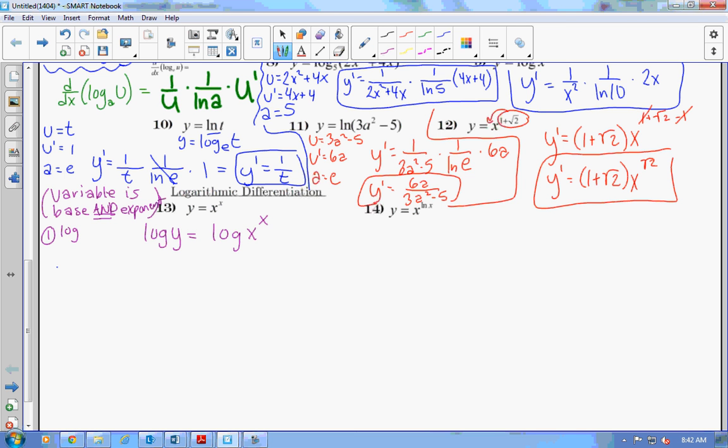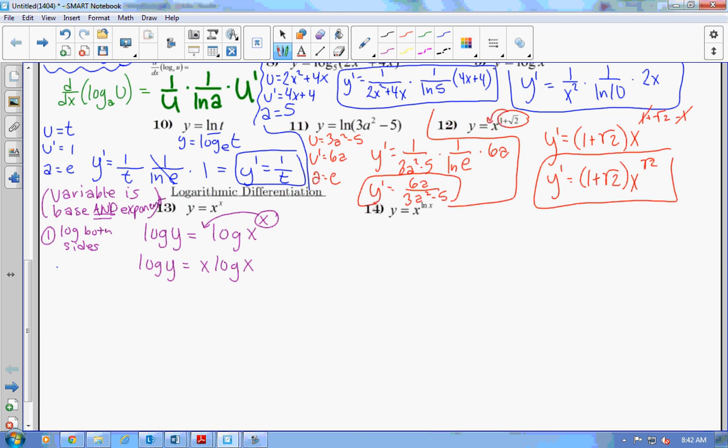Sometimes one's better than the other. Log both sides. Then we have a thing called the power rule with logarithms. This exponent x, where can we move it? Down in front. So we have log y equals x times log x.